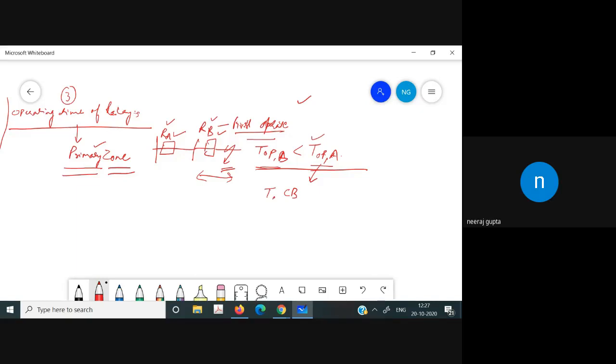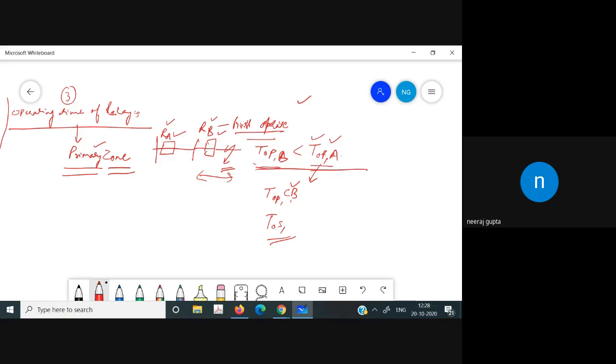And because of the electromechanical systems, some kind of overshoot is also there. So that we have to take into consideration.